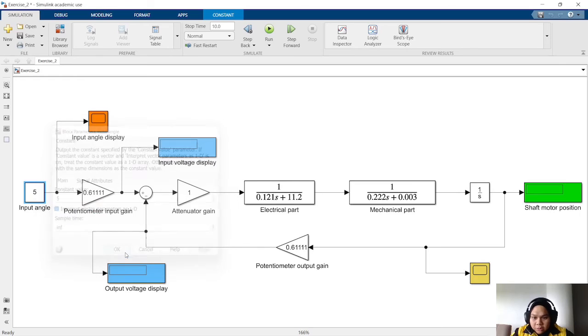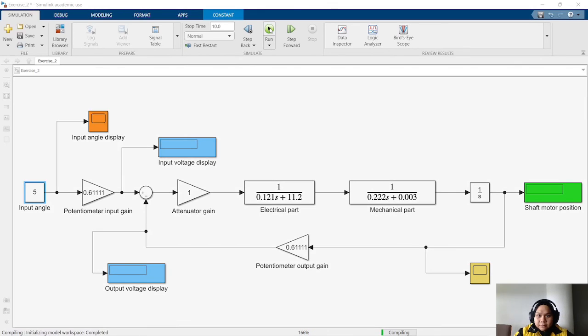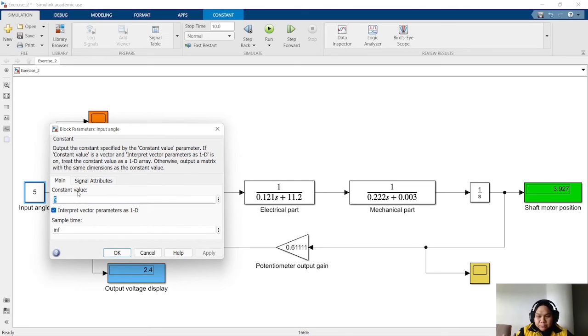This is for clockwise, and then our attenuator gain is 1, and then we can run our circuit, and then we can get the value for our input voltage is 3.056 volt, and our output is 2.4 volt, and for the shaft motor position is 3.927.